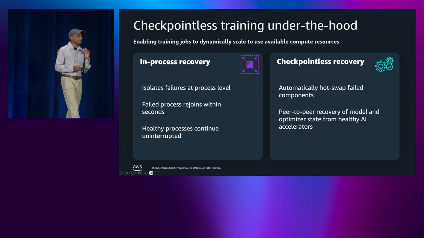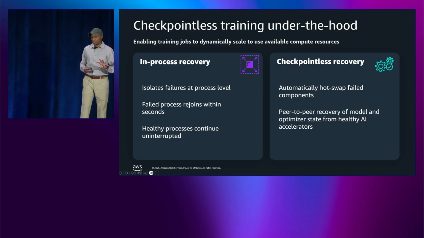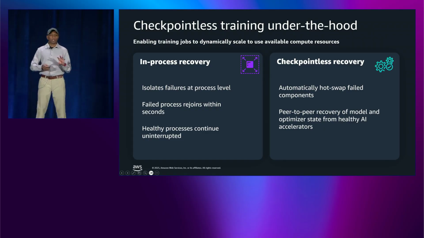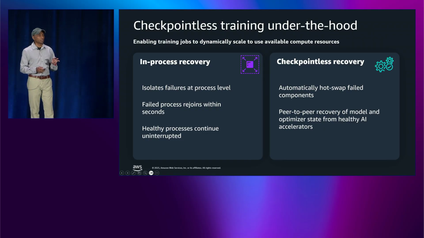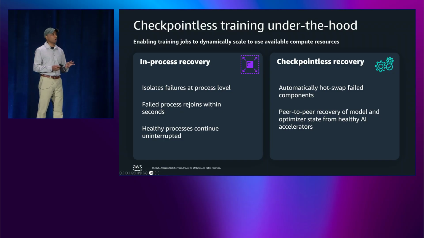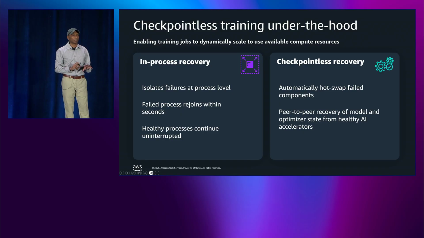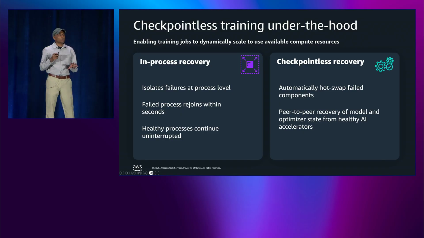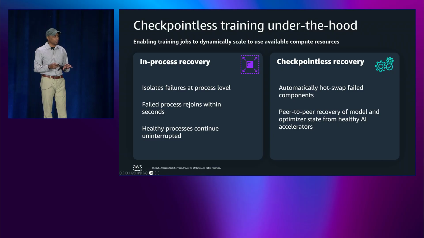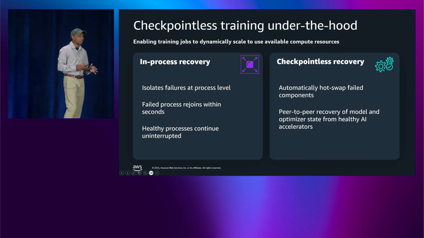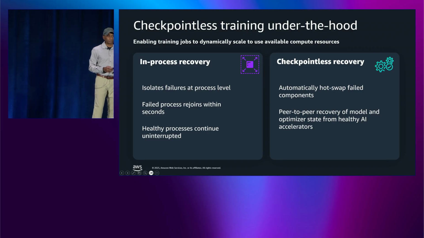With our system, building on top of the in-process recovery, the newly joined training processes do not need to load from the checkpoint, but rather they hydrate their memory from the other healthy processes directly using the high-speed network. This way, the training interruption time is reduced dramatically, and that's how we achieve the sub-minute recoveries that Anirudh shared, and also the 95% goodput, even at the large scale.